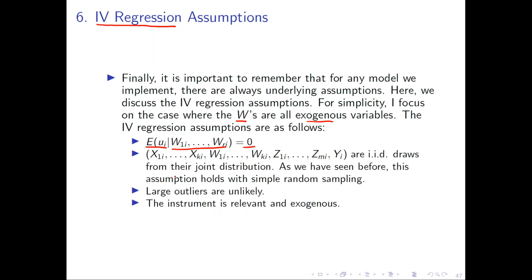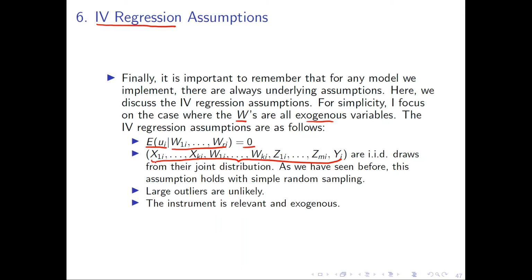And the draws: if you draw this data from the population, then, for example, this is one observation, right? And then each observation should be independent and identically distributed from a joint distribution.